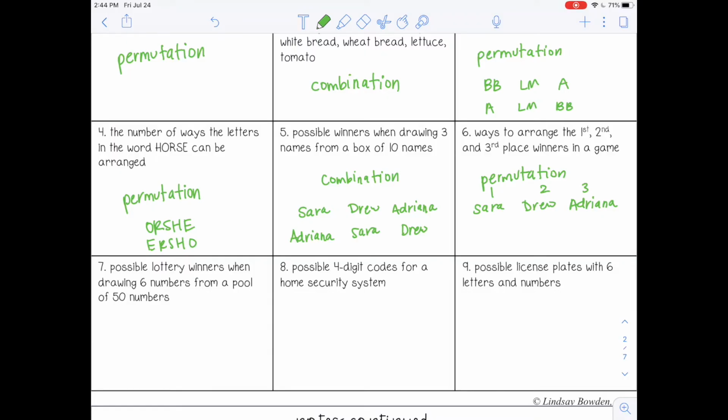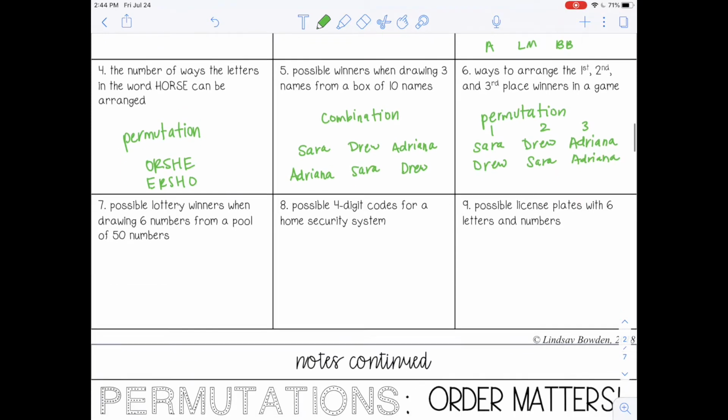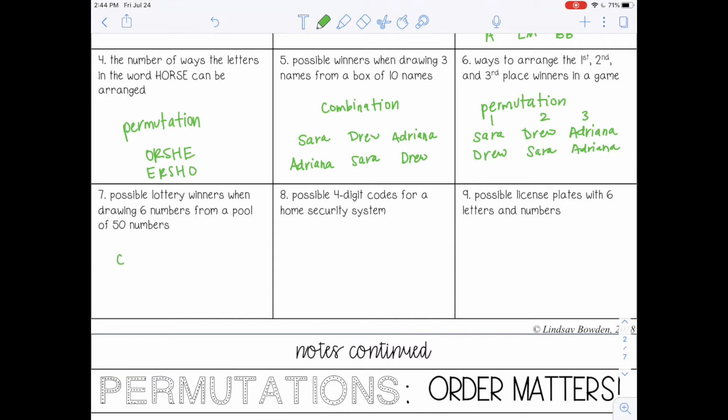But if I switch them, someone else is in first place, that is going to matter to them. Number 7 would be a combination. Possible lottery winners when drawing 6 numbers from a pool of 50 numbers. So in the lottery, if you have all 6 numbers, regardless of the way you put them on your lottery ticket, it doesn't matter. You still win. So the order doesn't matter.